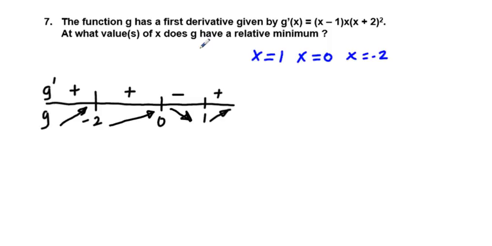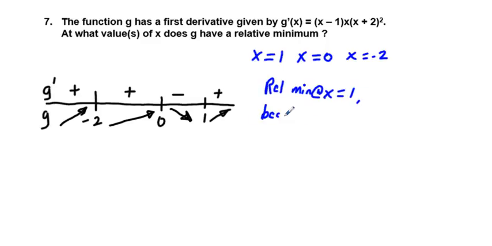At what values of x does g have a relative minimum? Well, I'll say relative minimum at x equals 1. Why?